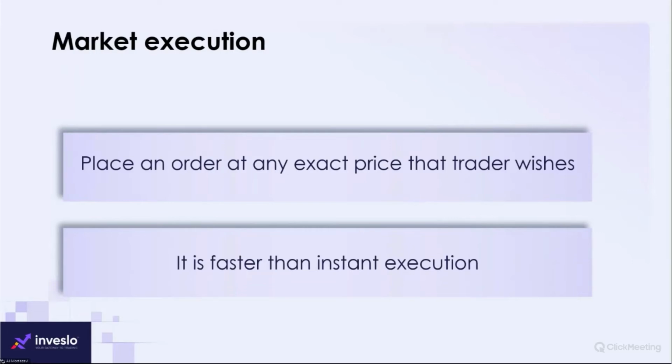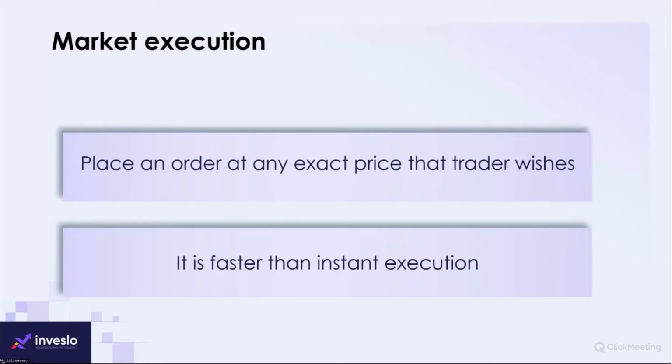Other than instant execution, there is another way of execution at the current price, which is called market execution. When you put a request to purchase or sell an asset, that order goes into a handling framework, as I said. Market execution is a method by which traders execute orders at the current price within fractions of a second. This is the fastest way to execute a trade.